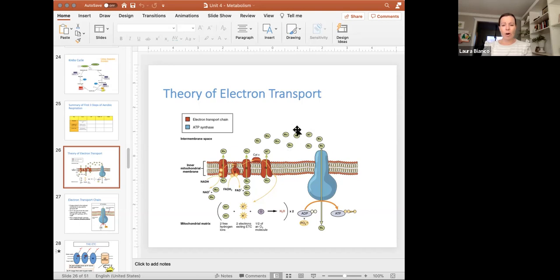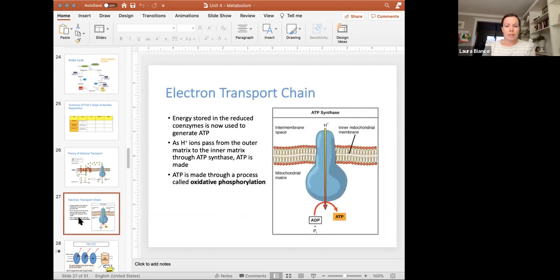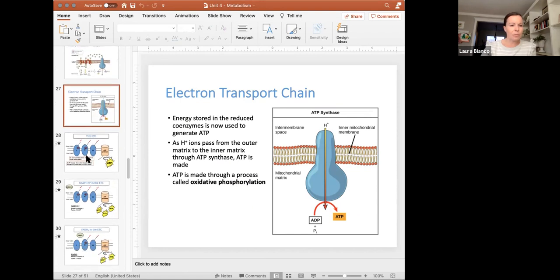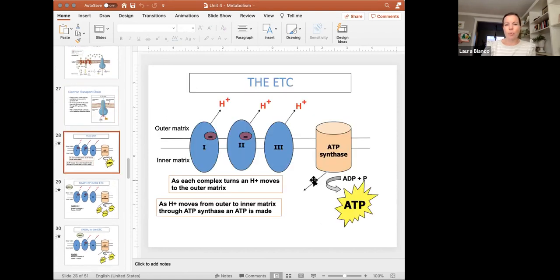So now all of the hydrogen ions get pumped out into this space. So once all the hydrogen ions are pumped out into that space, there's one final thing that happens.